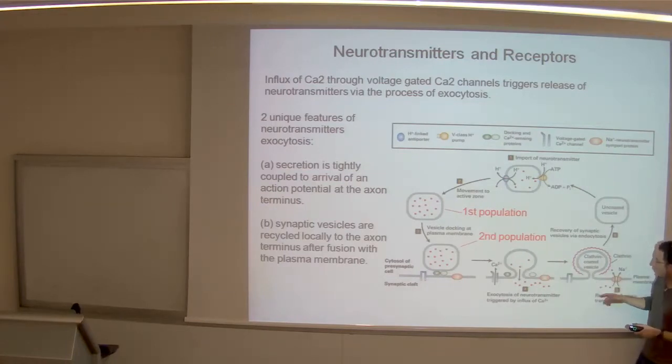And then the next step is reuptake of the vesicles, before the neurotransmitters, back towards the cytosol. It's a process that involves a protein called clathrin. It just internalizes the vesicles back into the cytosol.